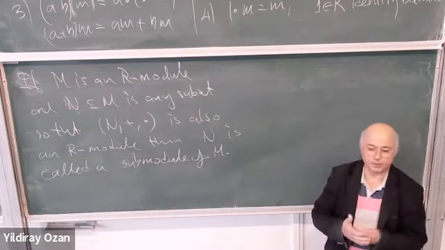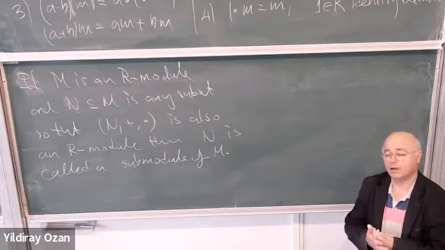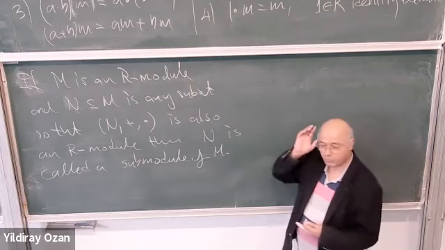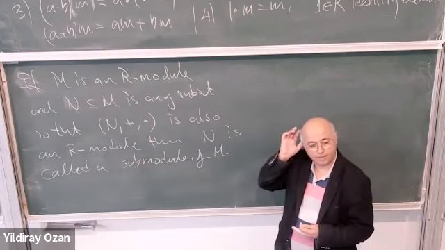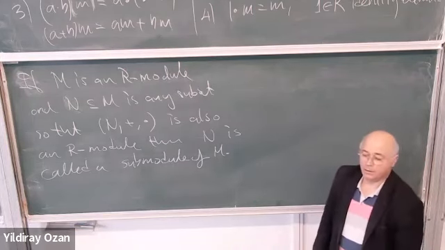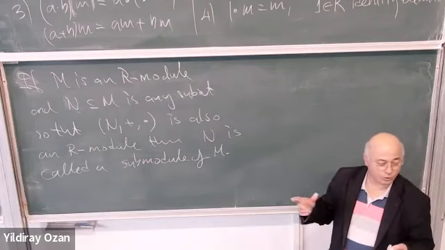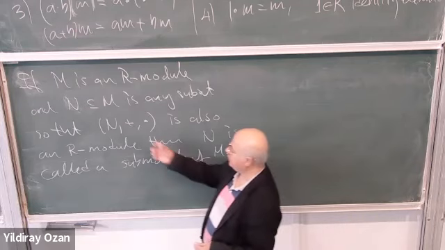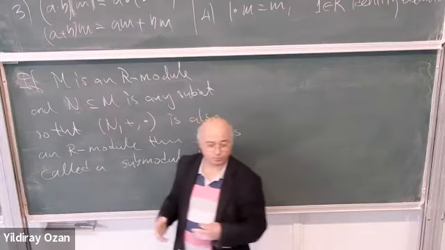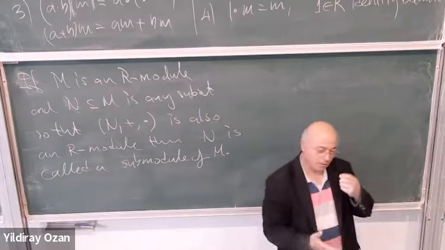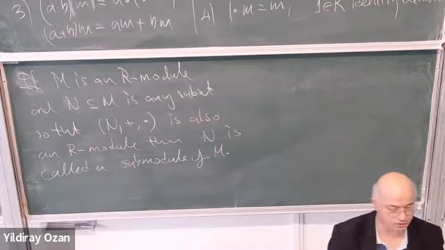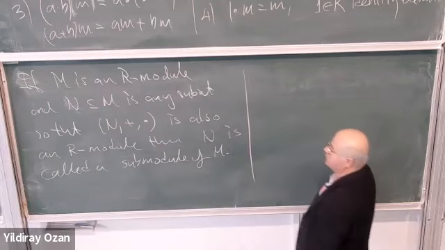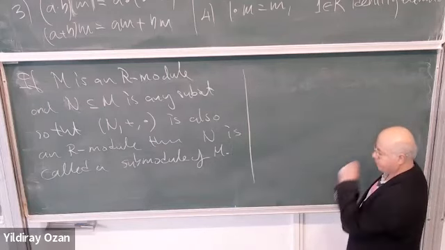Yani subgroup gibi, vektör uzayının alt uzayı gibi. Bu da submodül. Ve vektör uzaylarında olduğu gibi burada da bir modülü submodülüne bölebiliyoruz. Nasıl vektör uzayında alt uzaya bölüyoruz, quotient space var. Burada da quotient modül kavramından bahsedeceğiz.